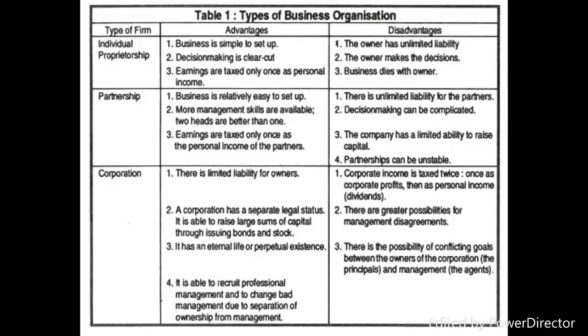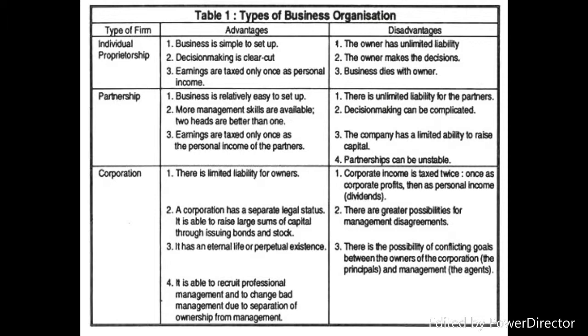Under the check-the-box regulations, an unincorporated entity with more than one owner is, by default, classified as a partnership. An unincorporated entity with only one owner is, by default, classified as a disregarded entity.